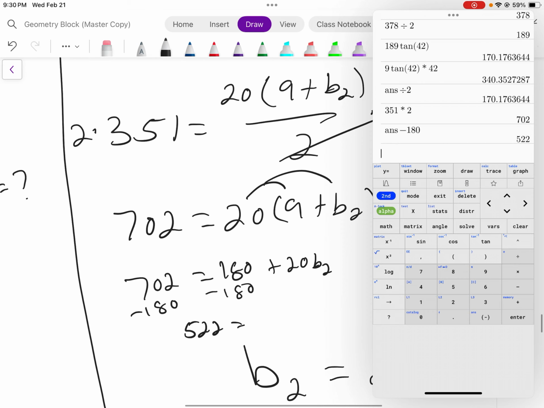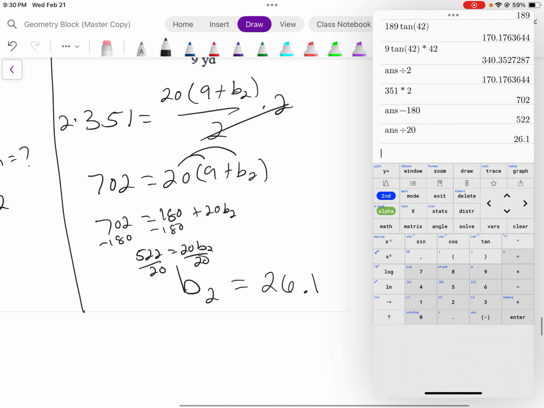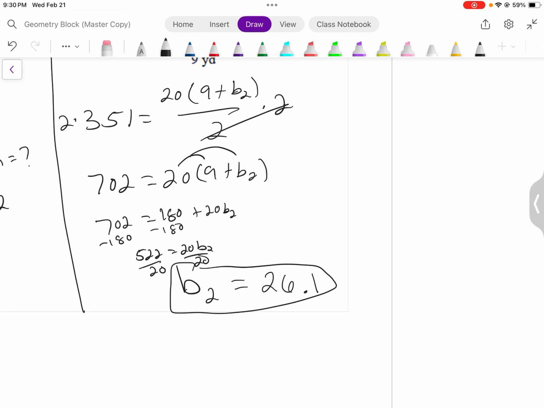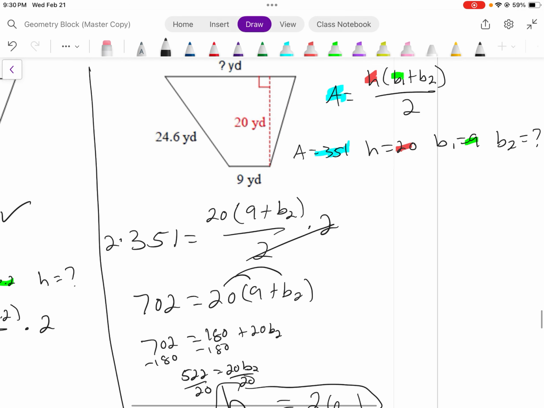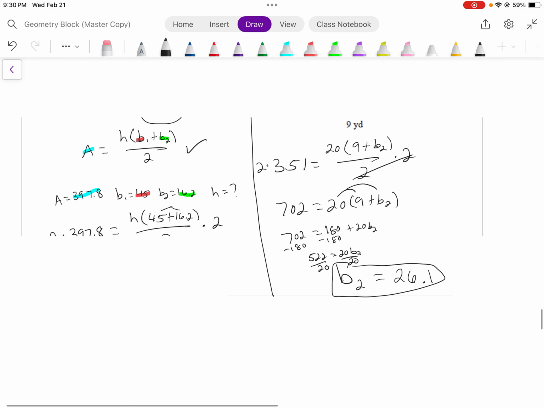Okay, so we get 522 equals 20 B2, dividing by that 20. And that's what's going to give us that 26.1. Okay. So again, identify the shape, write down the formula, identify what you know, find what it's asking for.